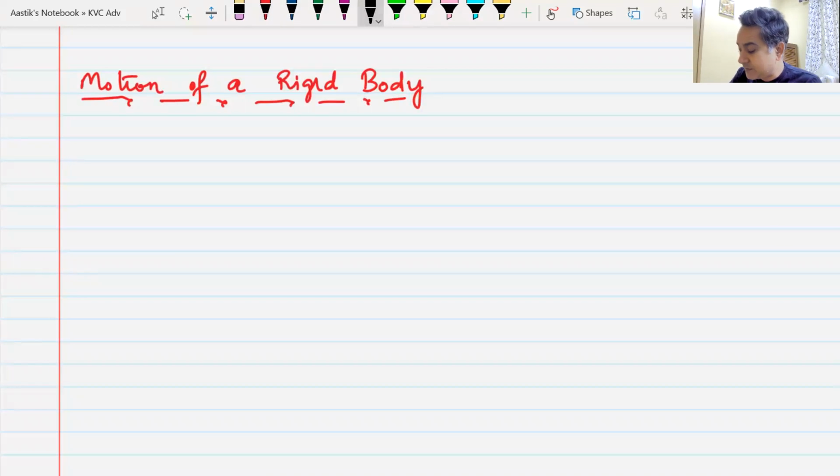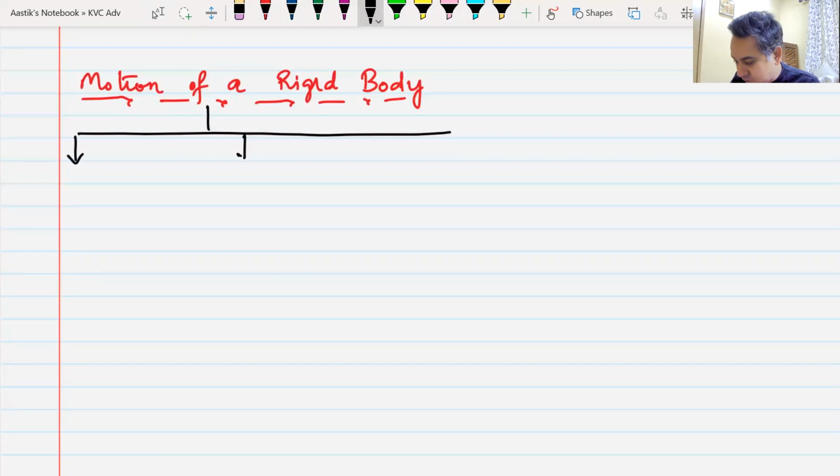What do you think? How many types of motion can a rigid body have? Translational, rotational, and rotational translation.